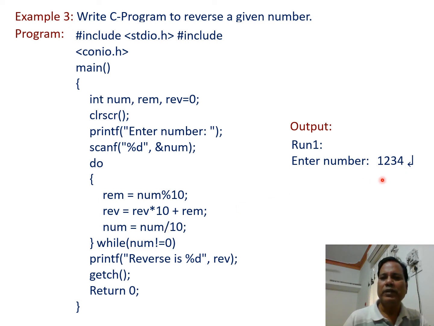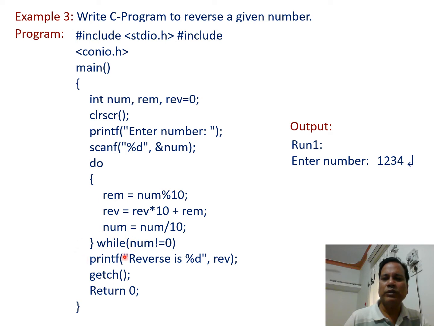So we get the number 4321. But after separating 1, the number is 0. So when the condition is tested, it becomes false. When the condition becomes false, control comes out of the do while loop.